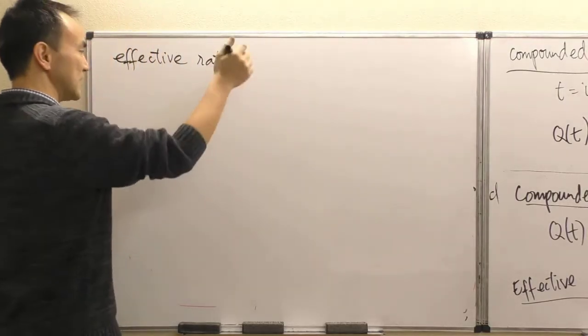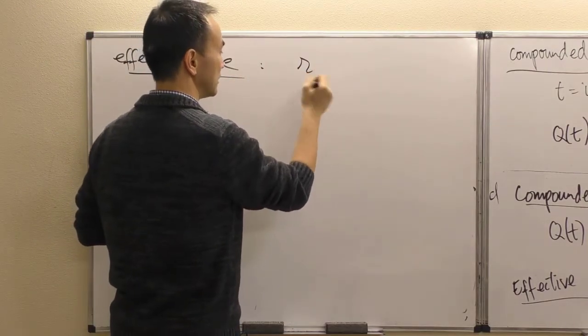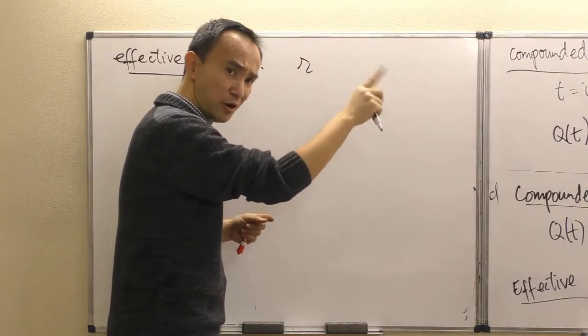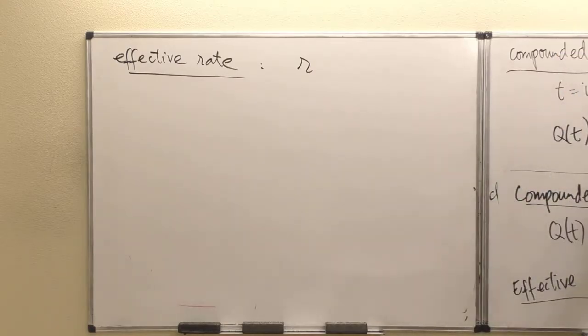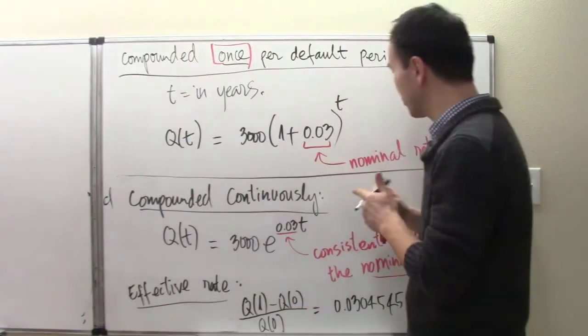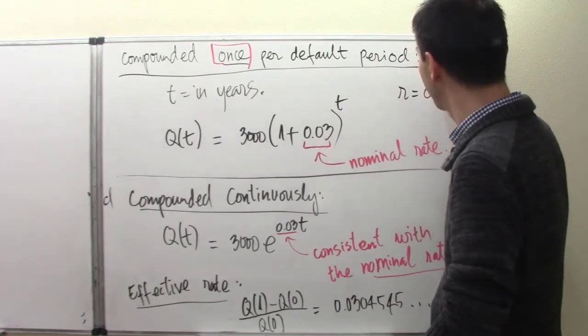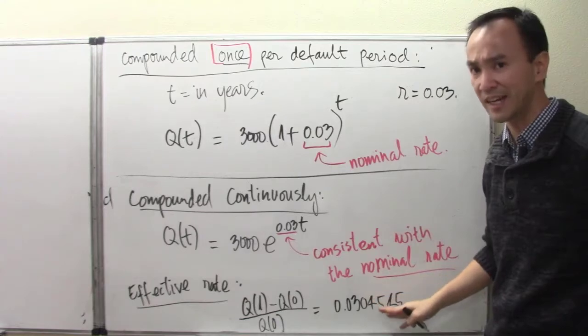So the effective rate here, let's call that an R. It's a rate, but it's not the ordinary nominal rate anymore. Nominal rates already use the R. So this rate right here, 0.03 back in the problem, is R. So R equals 0.03. I can't use this R again for a slightly different meaning.